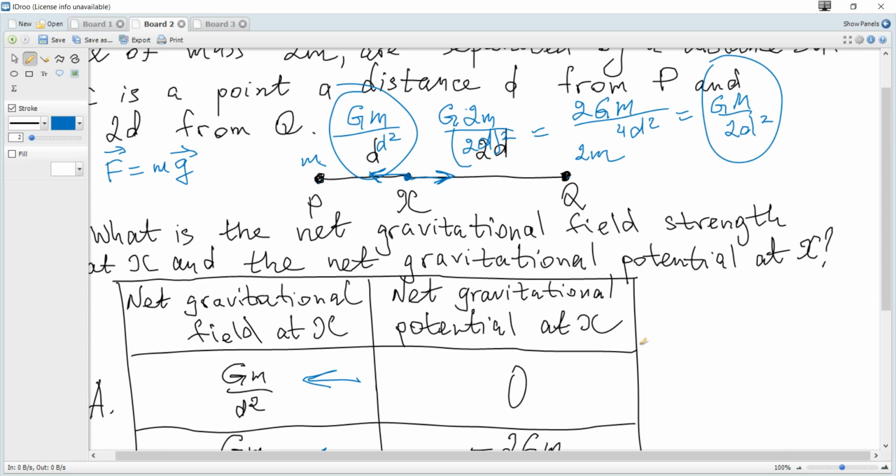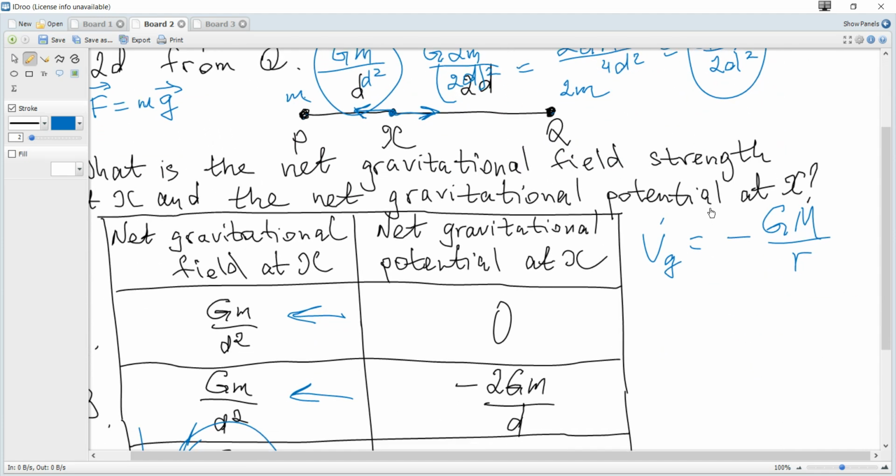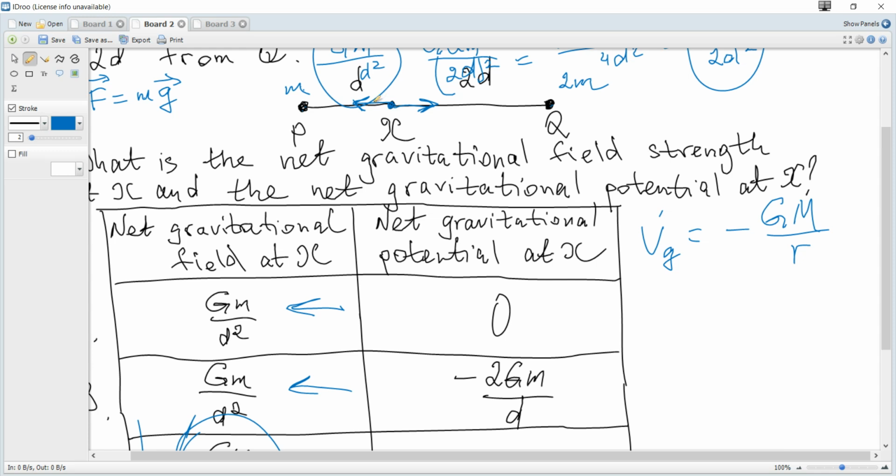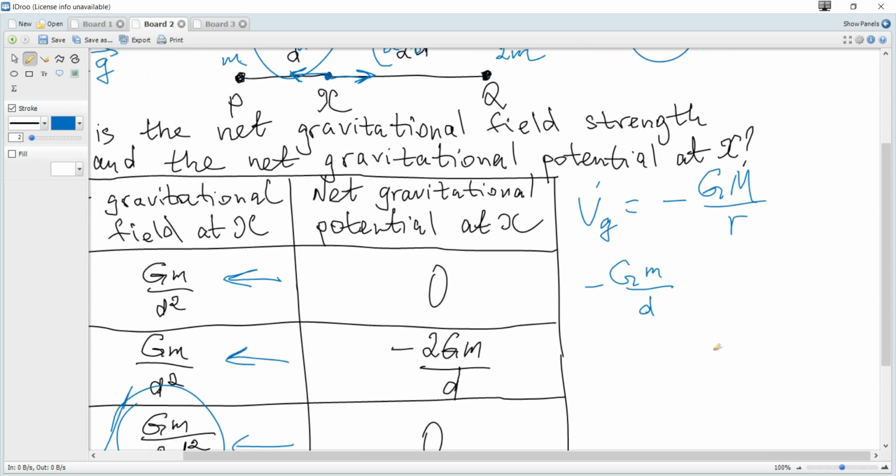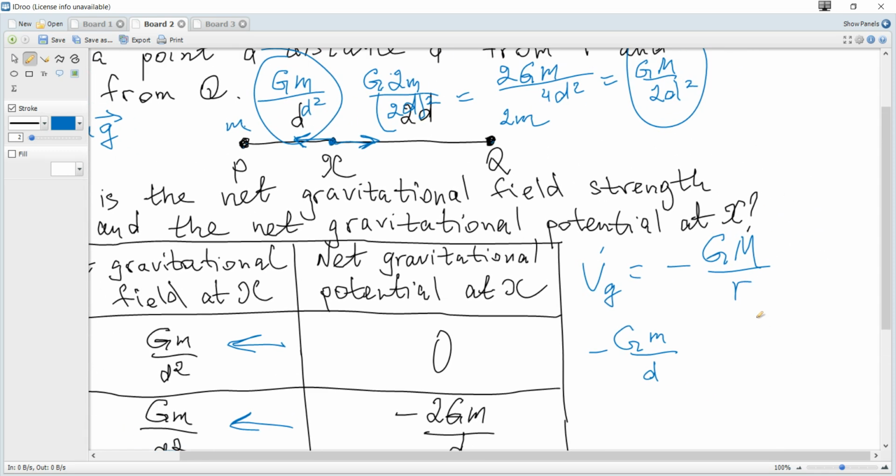And we need the formula for gravitational potential. It's minus Gm over distance. The potential produced by P at X becomes just negative Gm over d, and the potential produced by Q at X, it's what?